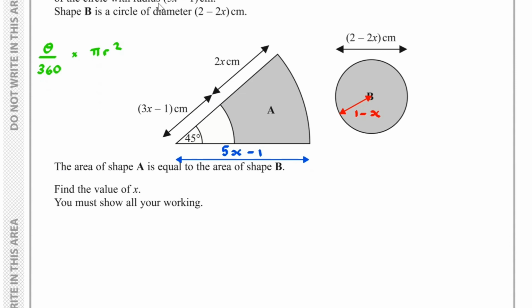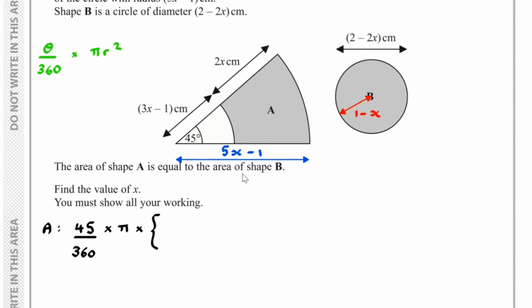So if I take a look at shape A, we have the angle 45 divided by 360 multiplied by pi multiplied by, well, the radius squared here, we've got the larger sector subtract the smaller sector.